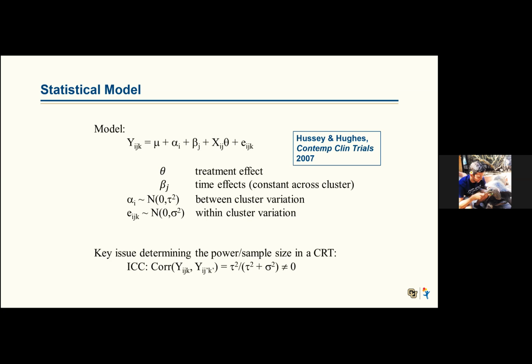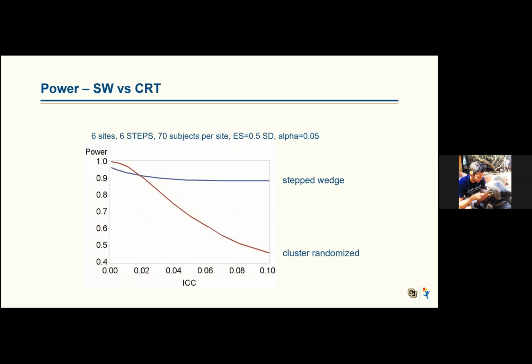And in the next slide, you can see the contrast between the power in a stepped wedge design and a cluster randomized design, and how it's affected by the interclass correlation.